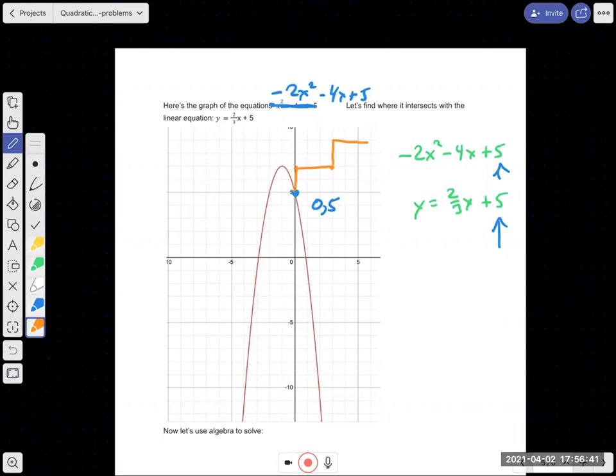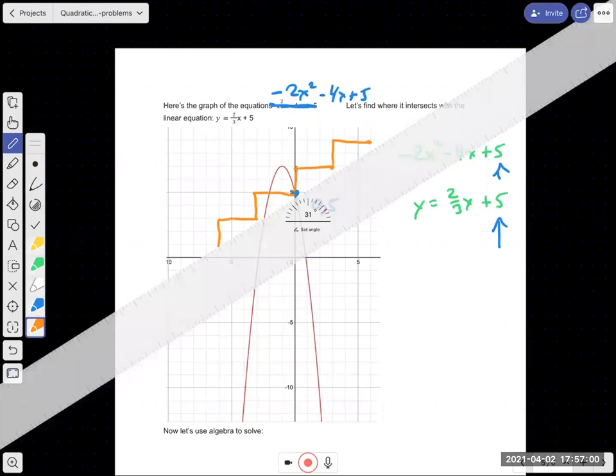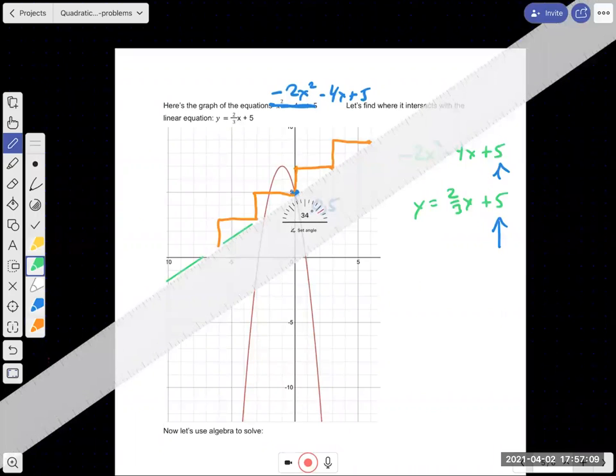Up 2 over 3, and then we can go back 3, down 2, back 3, down 2. And as we do that, we see that we get another point of intersection, but it does not appear to be on a lattice point. So we can kind of approximate where it is.